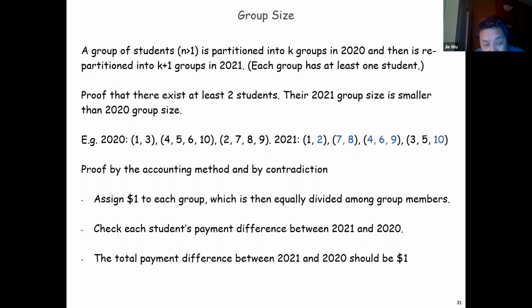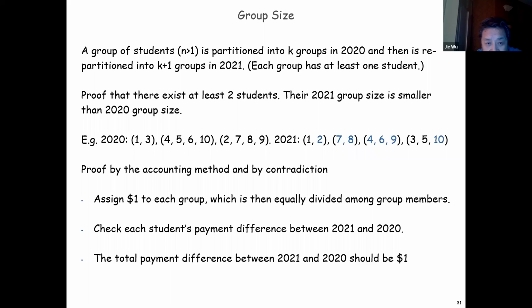So what's the tool to use? We call this the accounting method. That's a very nice way. We assume that we give $1 to each group. That's the key, $1. So in the previous example, you have 3 groups, so I gave out $3.